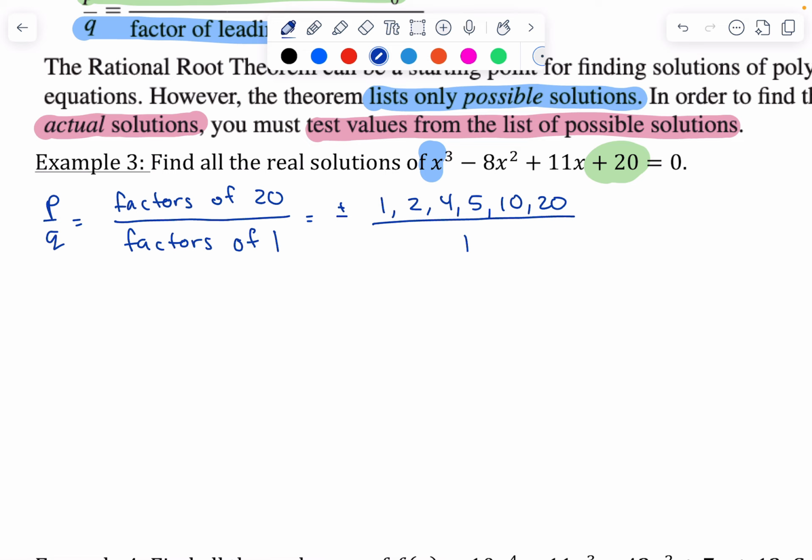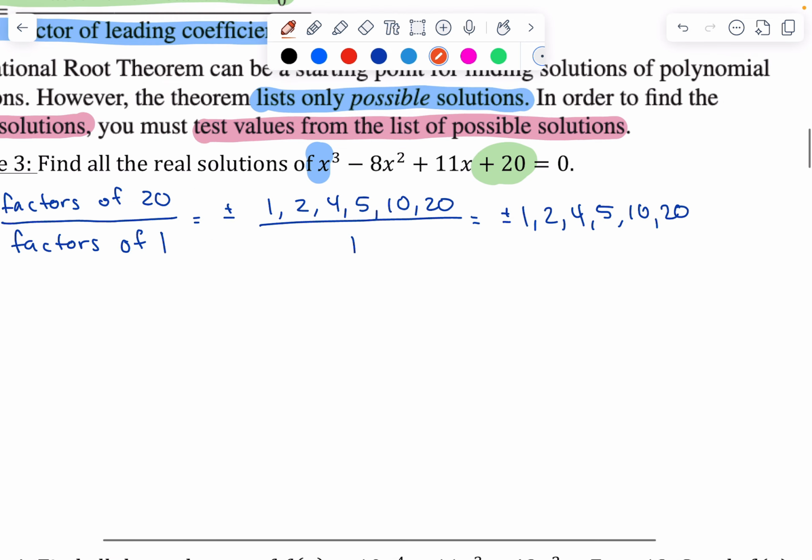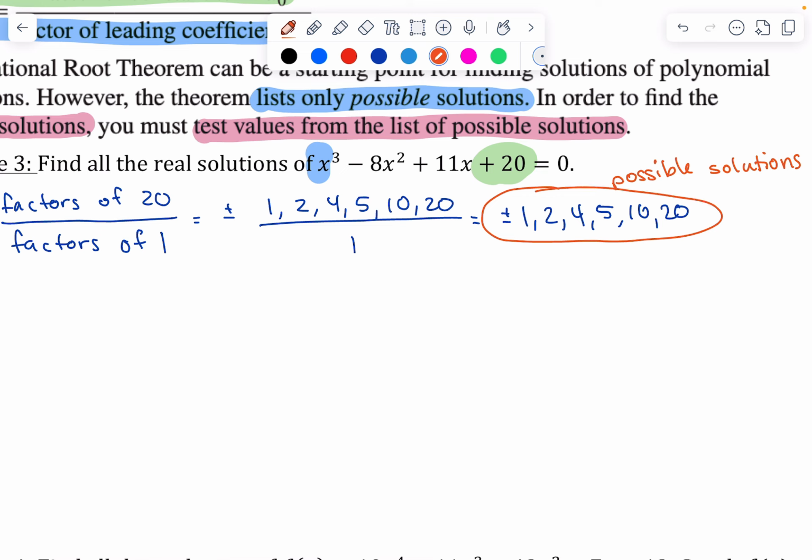Well, I could have 1 over 1, which is just 1, 2 over 1, which is just 2, 4 over 1, which is just 4, and so on. So my possible zeros are these. These are the possible zeros, or we can also call them possible solutions. Okay, they're not the actual solutions. They're just possible solutions.